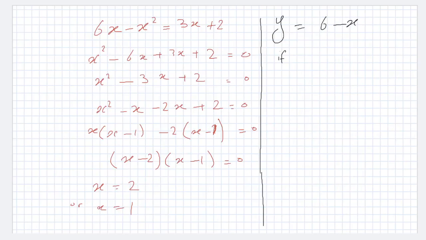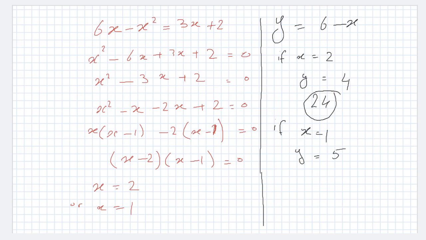If x is 2, I'm going to get y as 4. So my number is going to be 24. And if x is equal to 1, in that case y is going to be 6 minus 1, which is 5. So my number is going to be 15. So these are the two possible answers I can have.